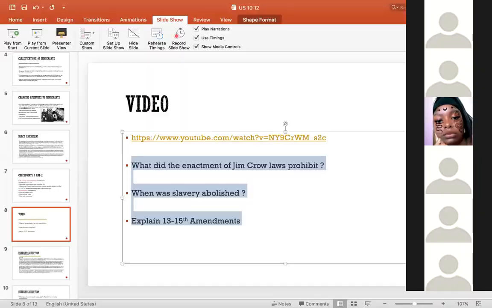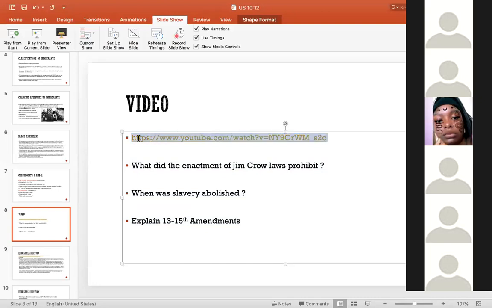Okay, can you see the 4 questions? What did the enactment of Jim Crow laws prohibit? When was slavery abolished? I think it doubled up there. Okay, yeah, so those other 2 are just double ups. And we want to explain the 13th through 15th Amendment. So I'm going to share my screen with you. This will probably be the last thing we'll be able to get through today, but we will continue next class. So let's look at the video that I have right here.